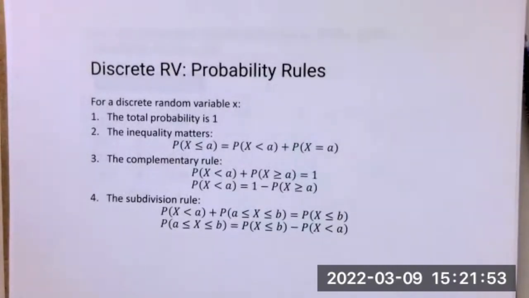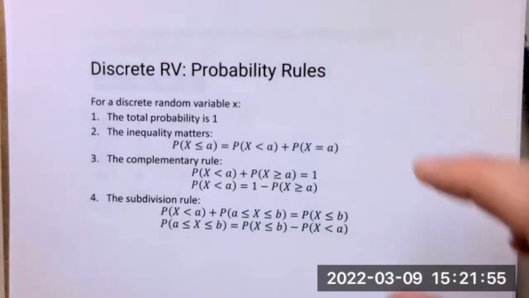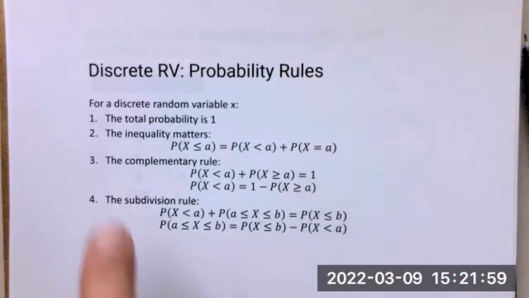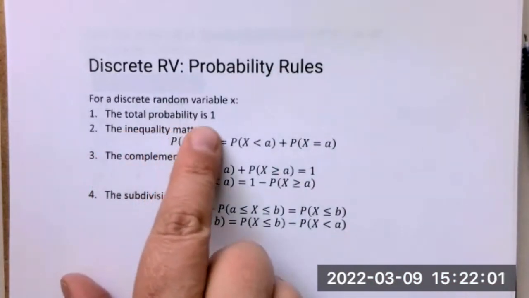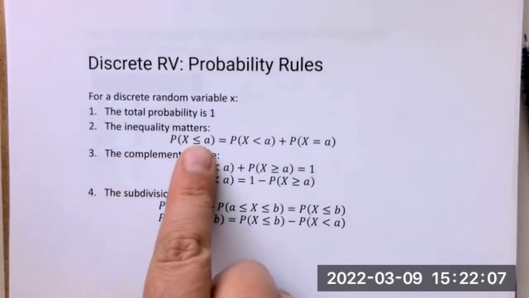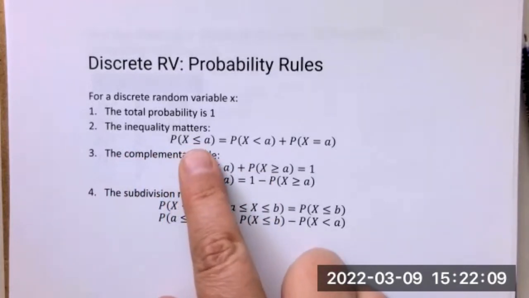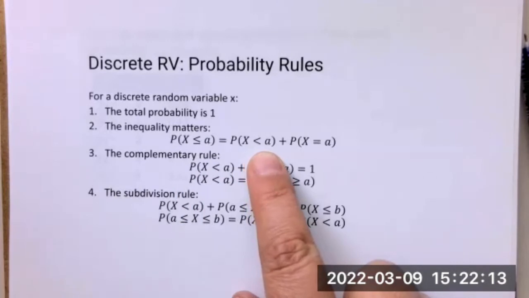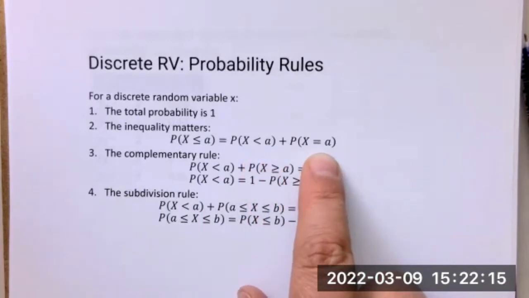Everything that we did just now is summarized in these probability rules. Rule number 1, the total probability is 1. If we add them all up, they should add up to 1. The inequality rule: the probability that x is less than or equal to a is the probability that x is less than a plus the probability that x equals a.